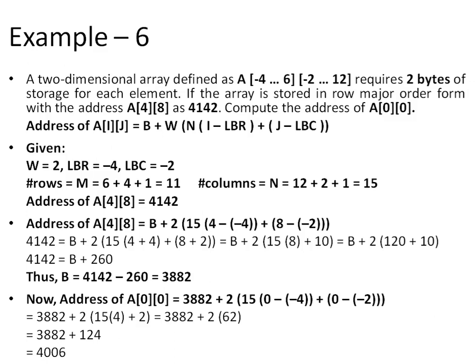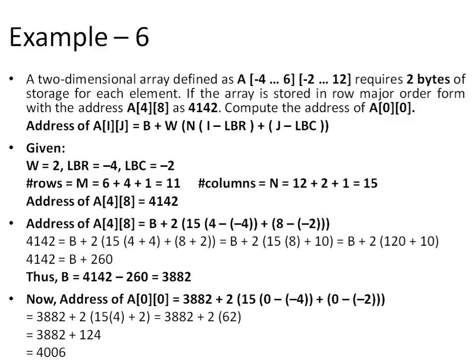So the formula to be used is as shown in the slide. The given parameters are W equals 2, lower bound for row is -4, lower bound for column is -2, number of rows, that is M, comes out to be 6 plus 4 plus 1, that is 11, and the number of columns will be 12 plus 2 plus 1, that is 15, and the address of A4, 8 is 4142.